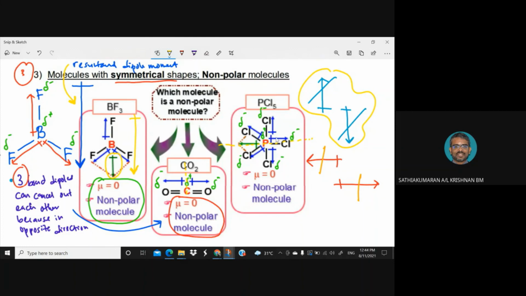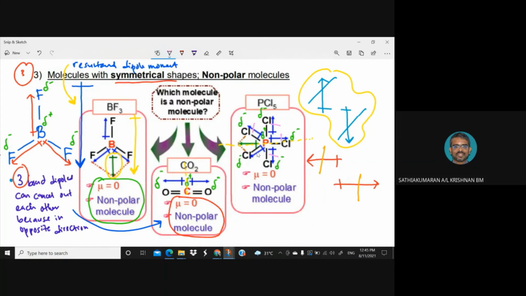This bond dipole can cancel out with this bond dipole, because in opposite direction, one up, one down. This bond dipole can cancel out with this bond dipole because in opposite direction, one going up, one going down. So all the 5 bond dipoles can cancel out each other.